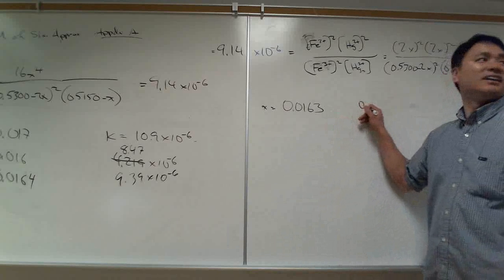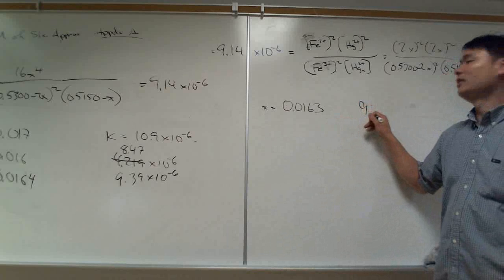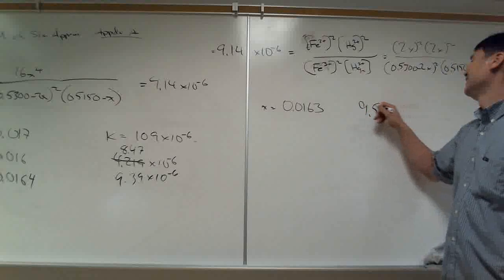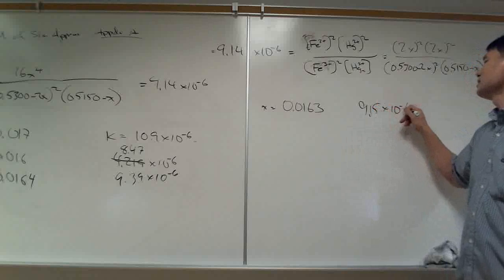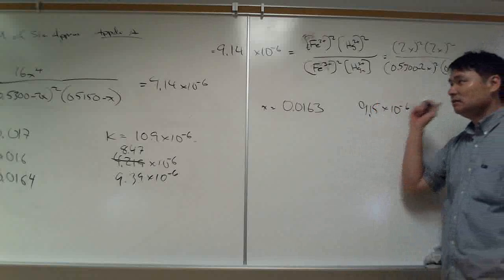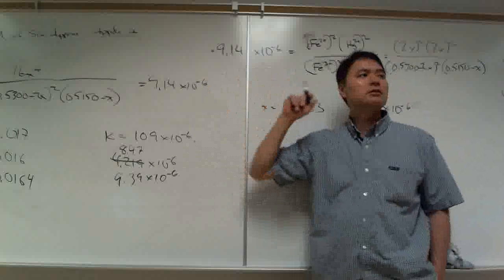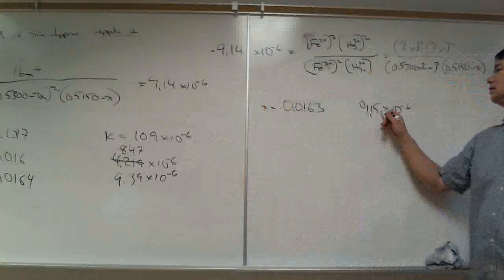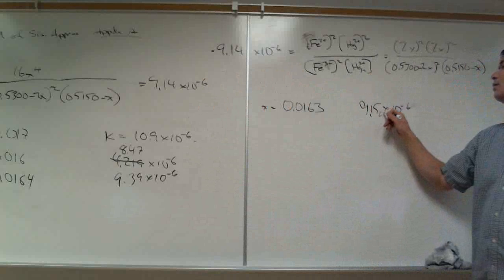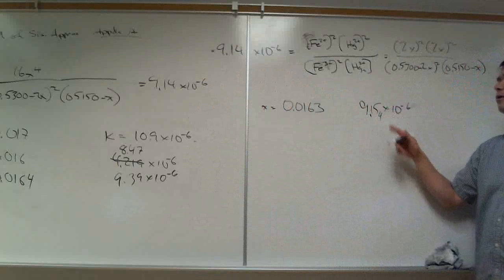What is it? 9.15. Ooh, is that close enough? No. We wanted 9.14, or to round to 9.14, right? This is 9.154.